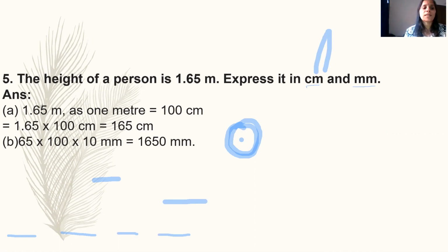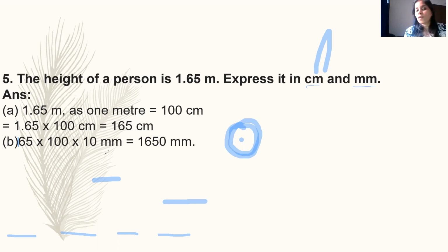As we know, 1 meter is equal to 100 centimeter. So 1.65 into 100, we will get 165 centimeter. Then again we have to convert it into millimeter.